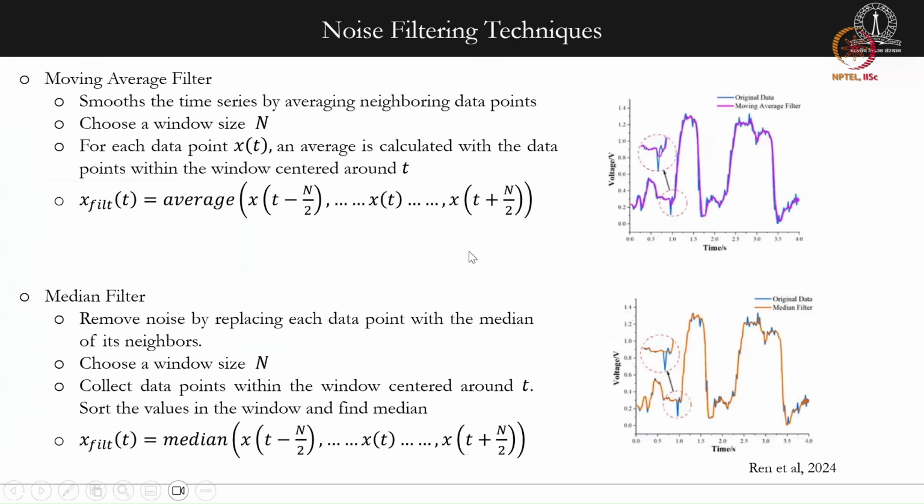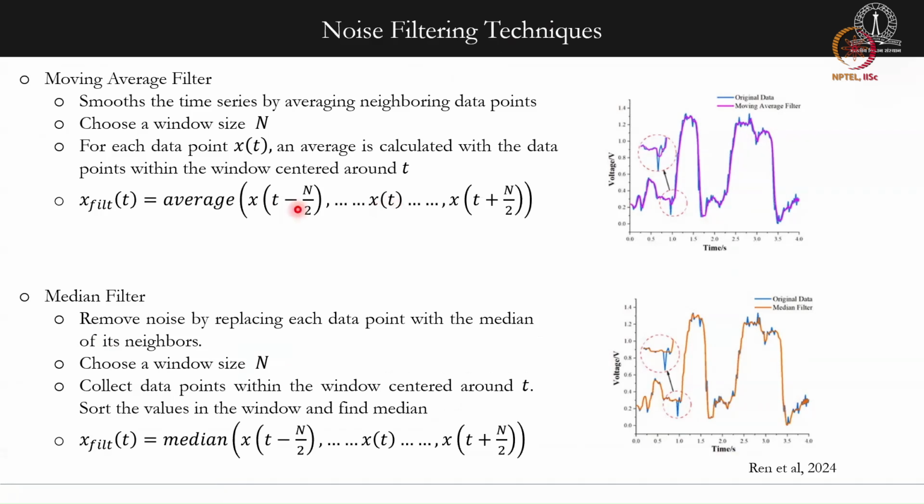So the way the moving mean filter works is that we first need to choose a window size parameter. We need to input a parameter called n to this filter, and basically it creates a window that encloses n points, centered around the point where we need the filtered value, and then it estimates the average of all the data points enclosed within that n-point window.